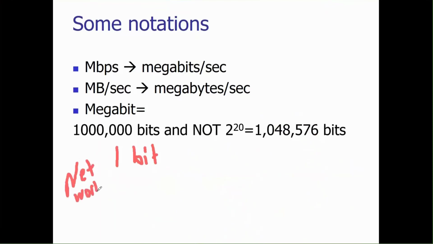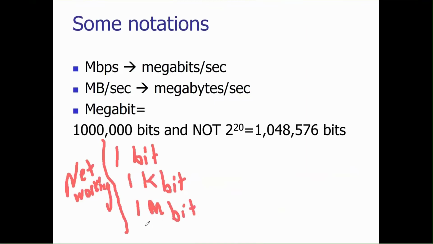In networking, when I'm talking about these units, they said we're gonna make it easier. So we have 1 bit, we have kilobit, the same thing. When I'm sending and receiving it, not when I'm storing it, when I'm sending and receiving it. A megabit, a gigabit. You need to know this, please.